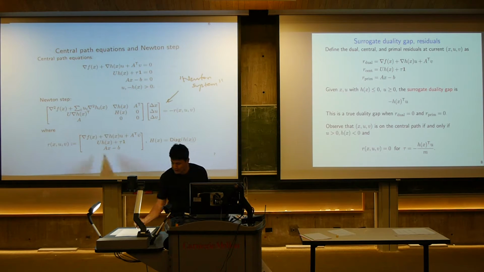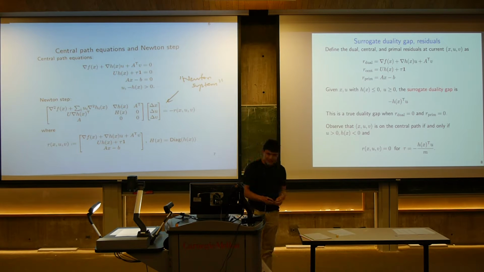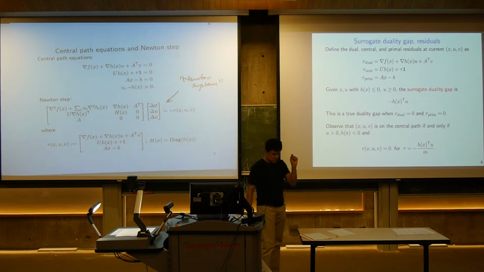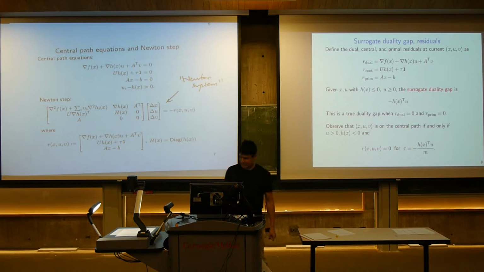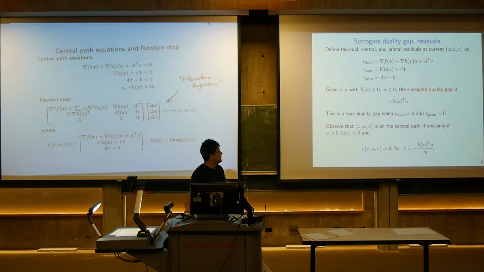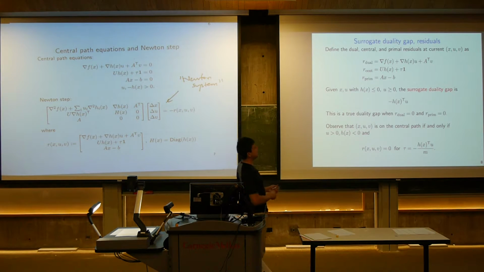The last block here is called R primal, the primal residual, and it refers to the residual of the primal equality constraints. And then the middle block, the one that is here, that's the centering residual.